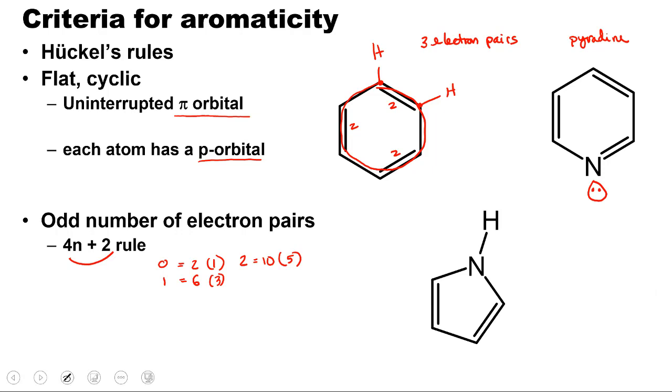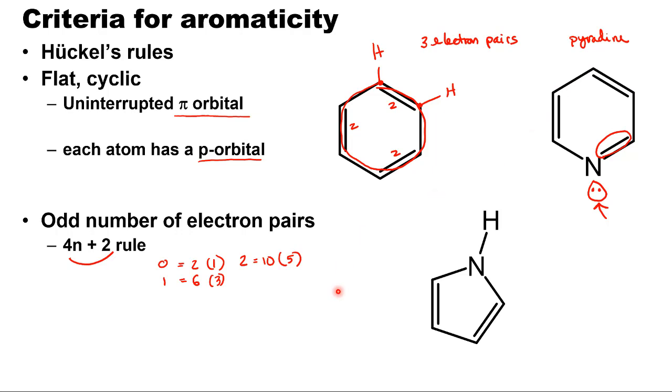What this means is there's a pair of electrons that's been contributed here as part of the pi bond. So this pair can't contribute. The result is that since this external pair isn't contributing, only the electrons in the ring contribute. So this follows the same pattern as benzene. It has 3 electron pairs, it's continuously conjugated.